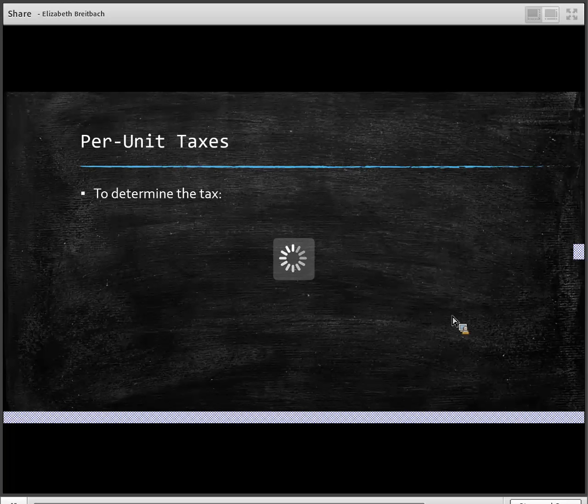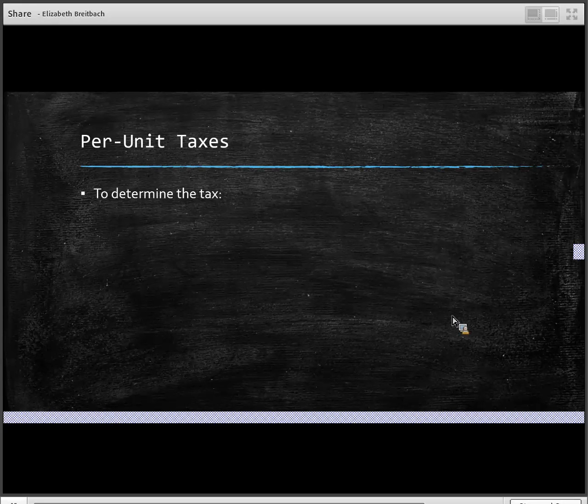It's not like our income tax, but it's more like the gas tax, where we say for each gallon of gas you purchase, you have to pay 18 cents. So that's a per unit tax.